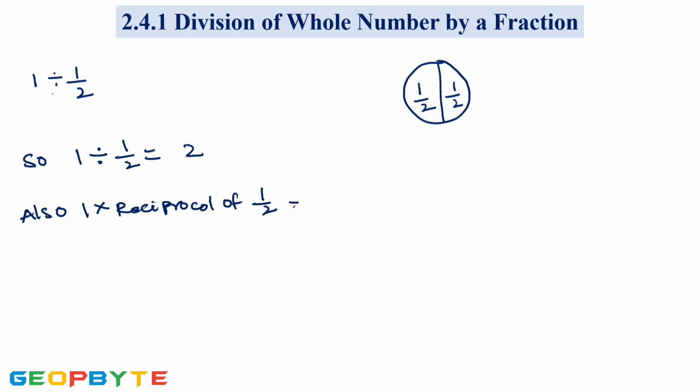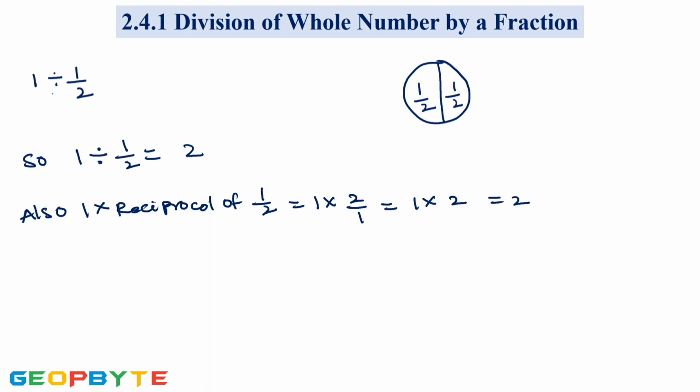The reciprocal of 1 by 2 is 2 by 1. So 1 into 2 by 1 equals 1 into 2, which equals 2. Thus 1 divided by 1 by 2 is 2.